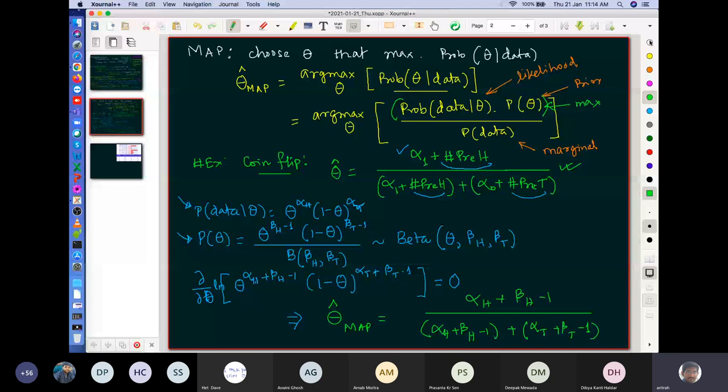Now what does it signify? It signifies the exact intuition that we have in our coin flip example. The white box that I am bracketing is our hallucinated pre-thought about the distribution prior.